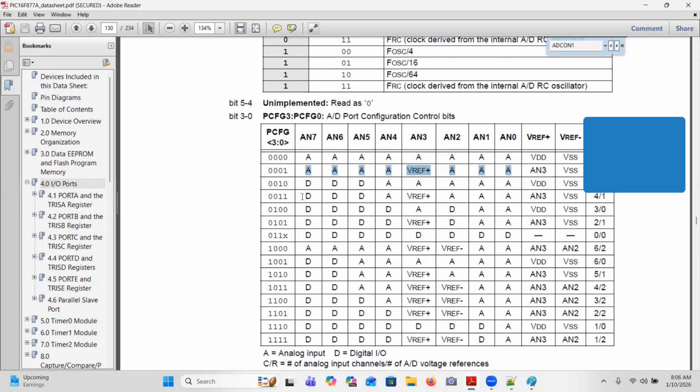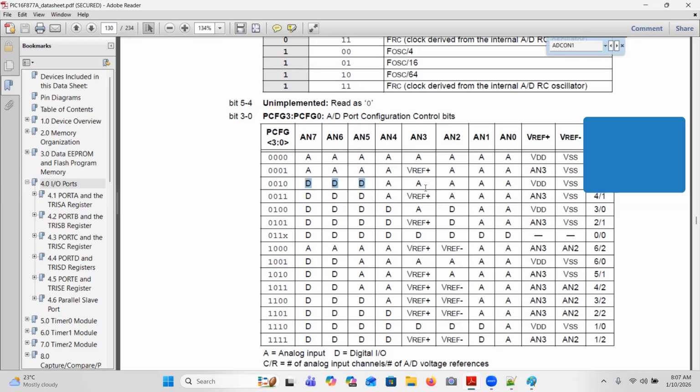When I set that value here, at least these 3 pins, AN5, AN6, AN7, are digital. I am not using all 8 channels. Among those 8 channels, 3 channels are used for digital. The remaining 5 channels are used for analog. Then when I set that value to 0011, 3 pins are used for digital.